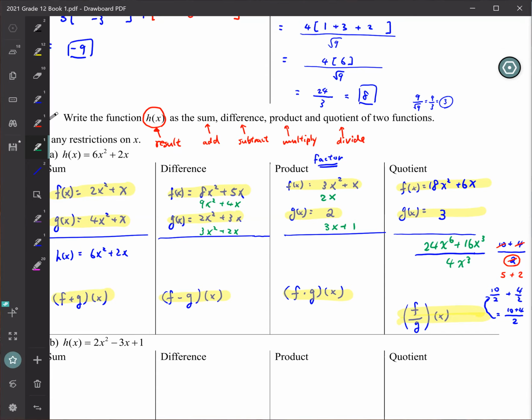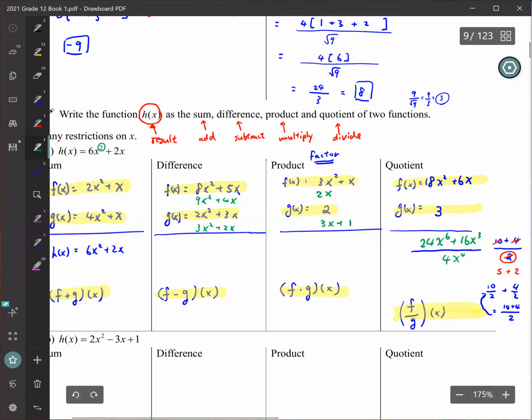So 6 minus 3, you get x cubed. But we want x squared, right? The question wants us to get x squared. So for the first one to work, it's better to have x to the 4 in the denominator.